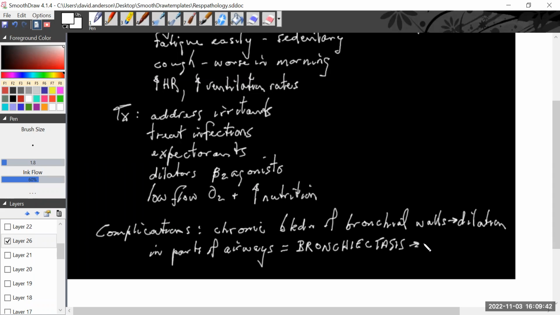So we get pooling of secretions. Those secretions become stagnant and become a source of infection, and they can really, really stink. So the cough becomes a really smelly, odorous cough, and the presence of bacteria that's breaking down gives the sputum, the mucus being coughed up, a greenish-yellowish appearance as well.